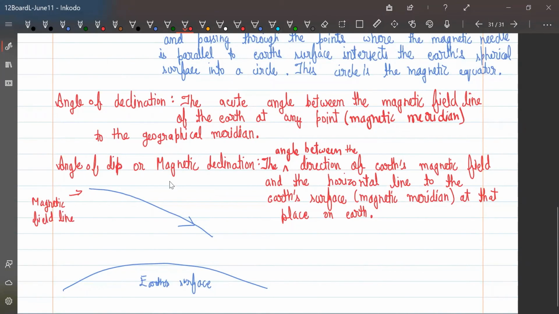So the angle made by the horizontal to the Earth's surface and this magnetic field line is the angle of dip. This is sometimes called magnetic inclination. Mostly the common term is angle of dip, but sometimes it's called magnetic inclination.